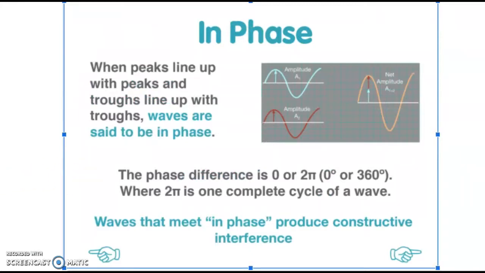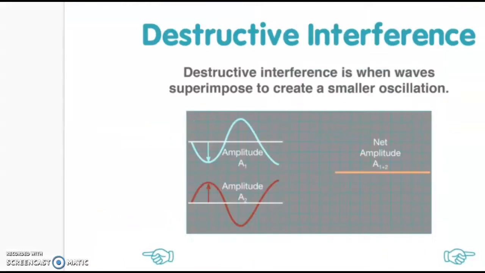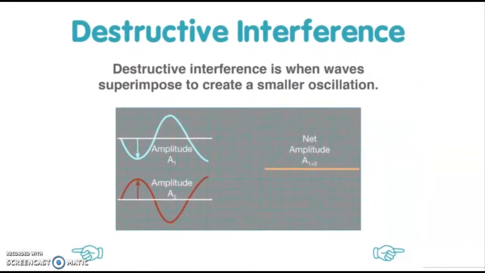Well, there are two extreme cases of interference or superposition. The first one we're going to look at is destructive interference, which is representative of those areas where the amplitude is 0. Destructive interference happens when the waves superimpose, when they add up to give you 0, right?